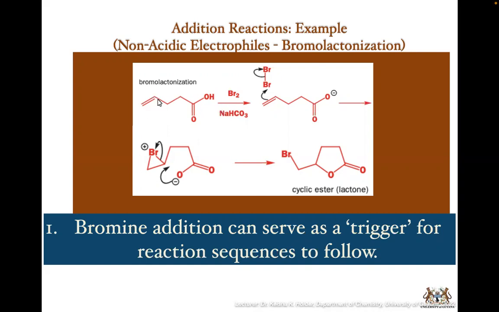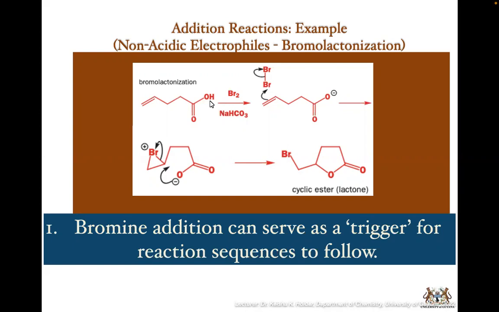So here we've done a couple of things. First, we activated the alkene, by converting it into something highly reactive, in the form of this bromonium here. And then we also altered the reactivity of our carboxylic acid by deprotonating it.